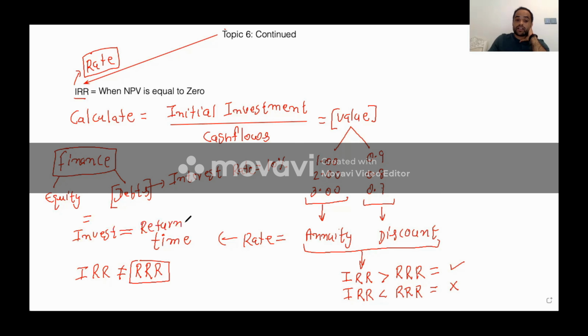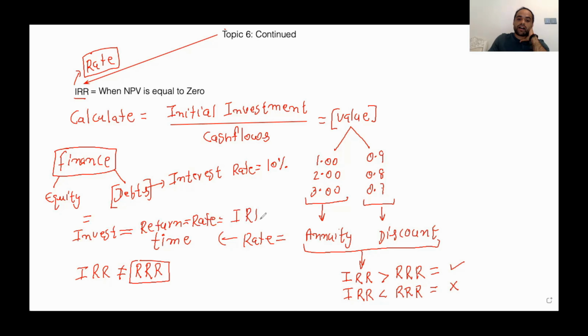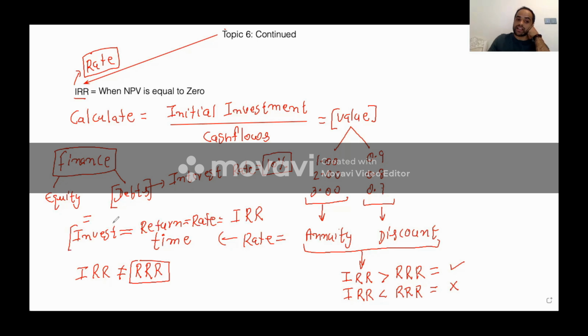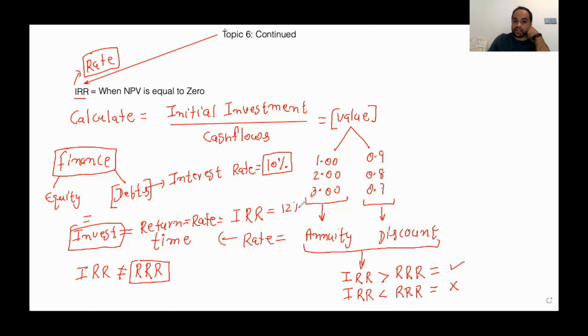This return will be your rate. And this is called IRR. So you borrow money at 10% and you find a project to invest. And if this investment, which is your rate of return, is more than 10%, so let's say it is 12%. So what does it mean? Your profit is 2%. So this project is good.